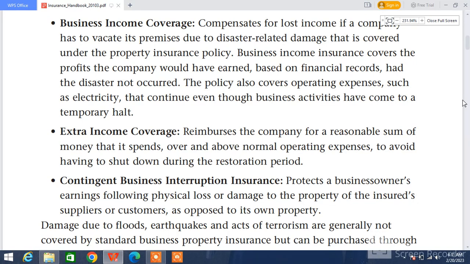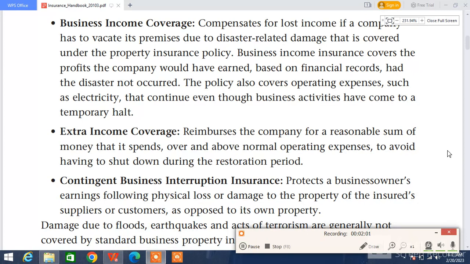And next you are going to see contingent business interruption insurance. It protects a business owner's earnings following physical loss or damage to the property of an insured's suppliers or customers, as opposed to its own property.